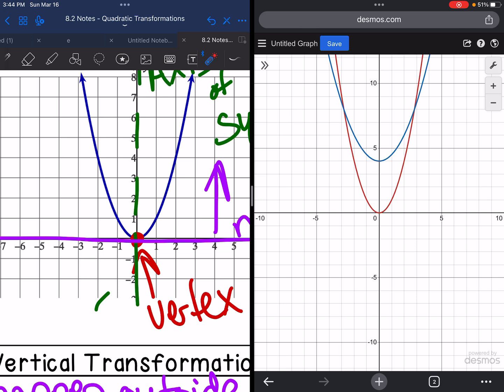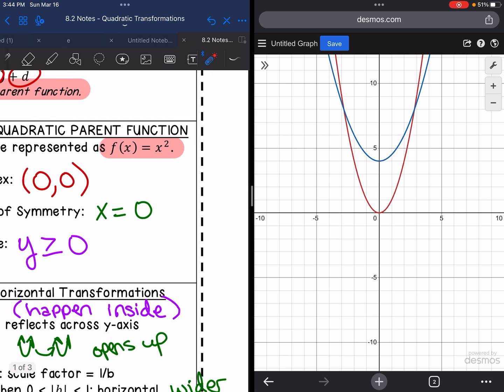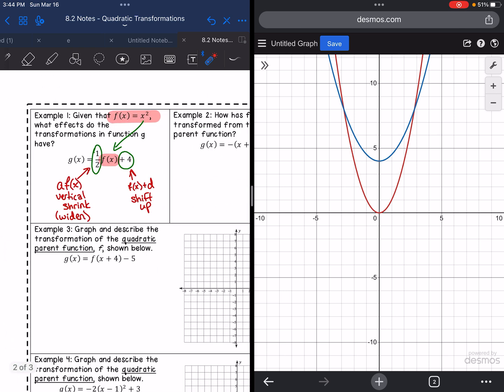You can see on the blue one, it doesn't work out that way, all right? Well, it's not enough to get us back on our blue line. So that shows you it's gotten wider. And then you can also see your vertex is 4 units up from the original parent function. And so that's a way to compare these and see if you've gotten the right transformations.